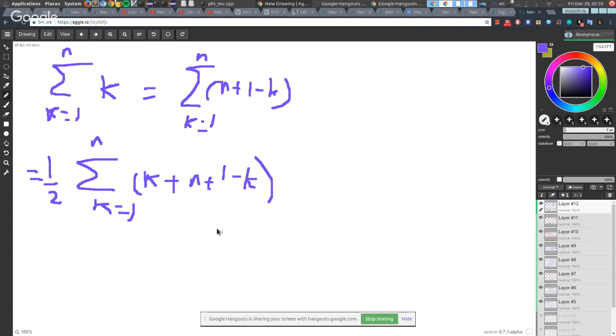So this trick was used by Gauss when he was really young. As far as I remember the story, he was maybe 14 or something, and he was sitting in a class, and there was a teacher who wanted to give him an exercise so he would take a long time to solve it.